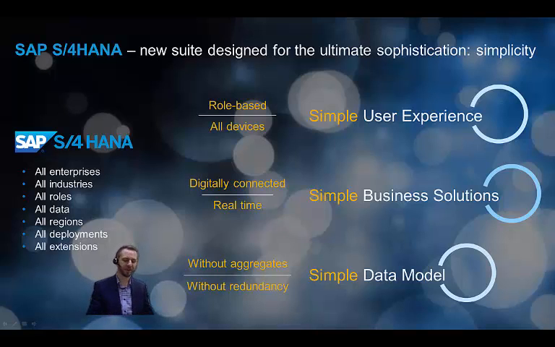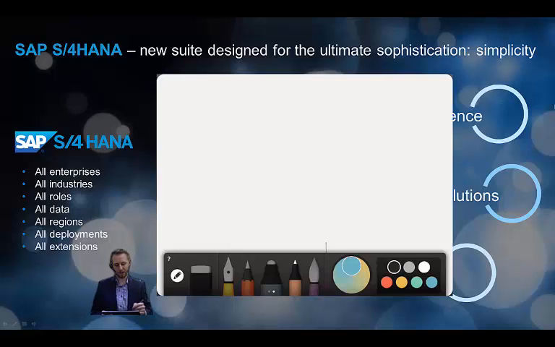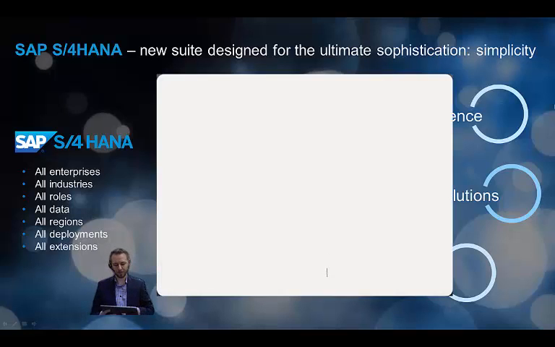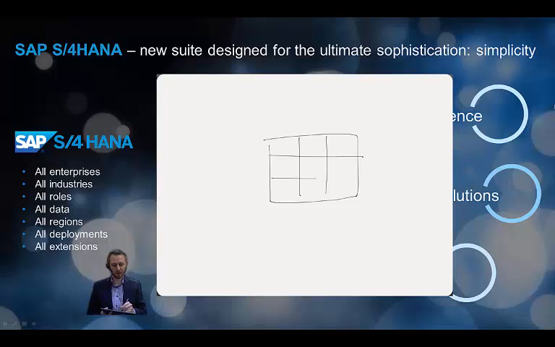Now, I'll just take you through a quick whiteboard here to show you what it is we're talking about when we look at S/4HANA and Simplified Finance. What we started with, ERP, was one application that had a series of modules.